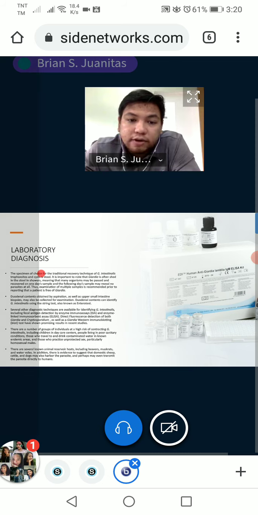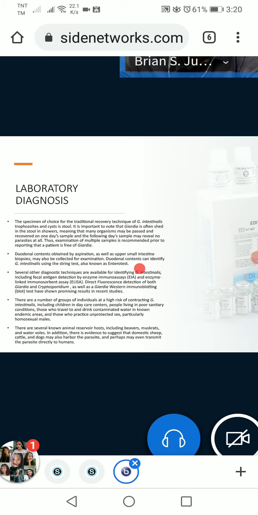Yan. For laboratory diagnosis, class, this is what is used. Obviously, the traditional way of identifying or diagnosing Giardia intestinalis, class, is through microscopy. Stool sample and then microscopy. Okay? But now there are newer tests, class.